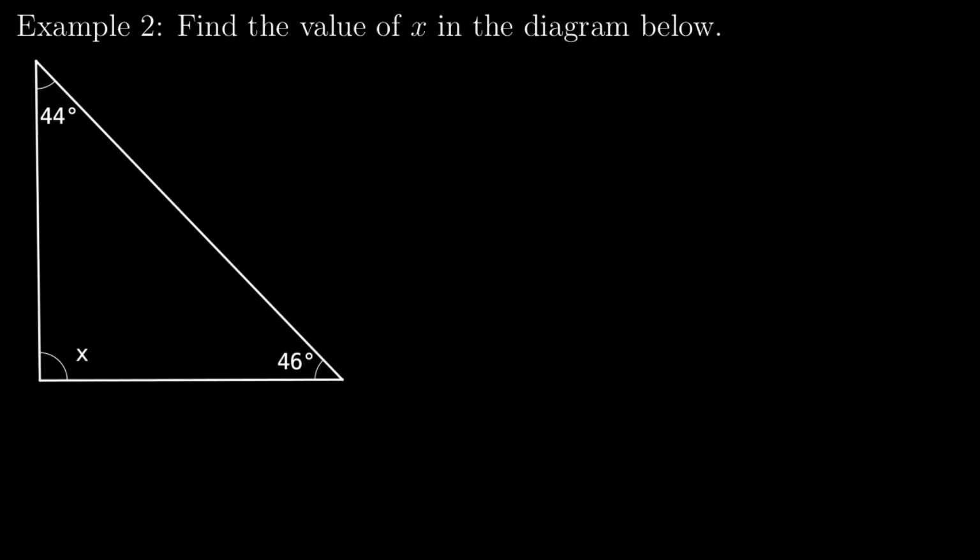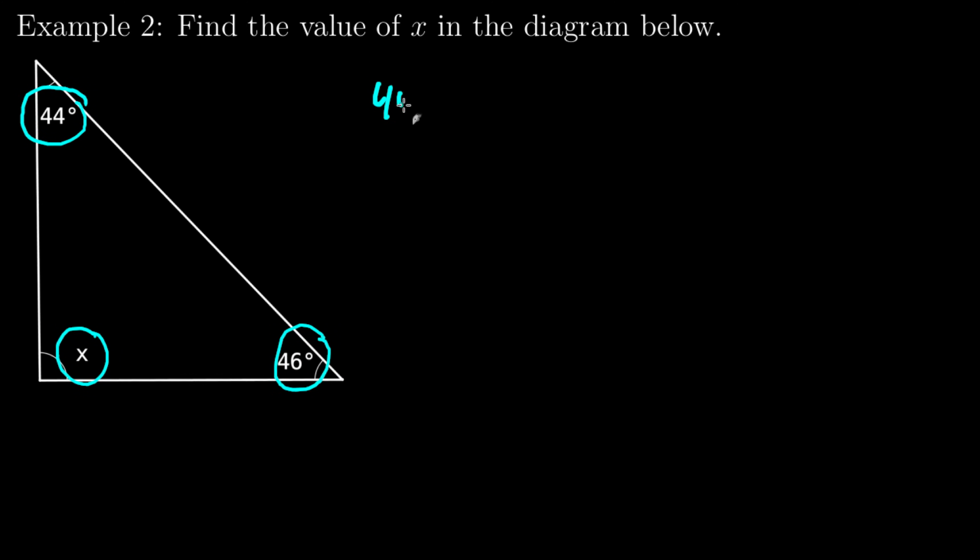So let's start solving some problems. These are what you're actually going to be required to do. This is probably the simplest case. In here, I see 3 angles: a 44-degree angle, a 46-degree angle, and an X angle. And I know that they add up to 180 degrees.